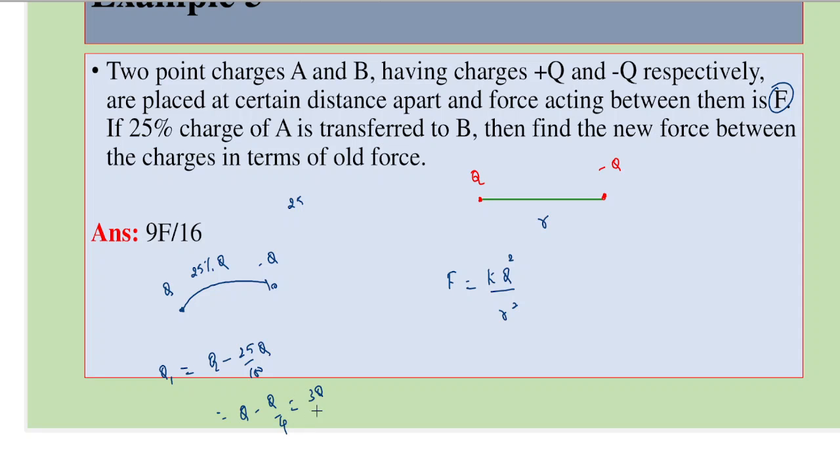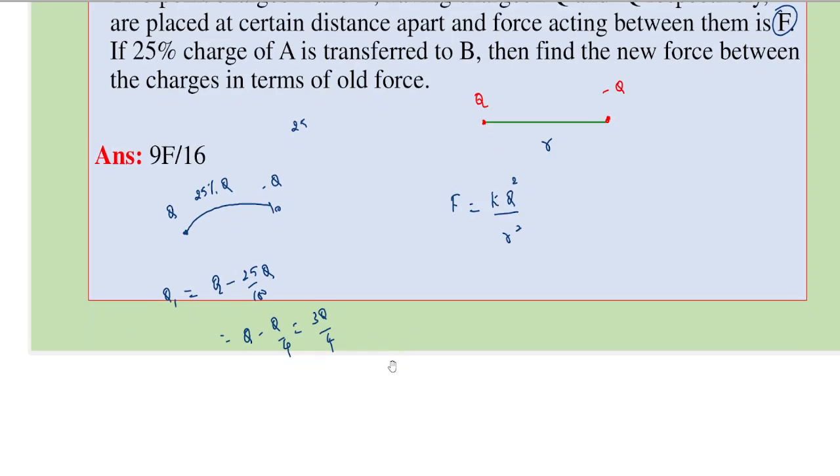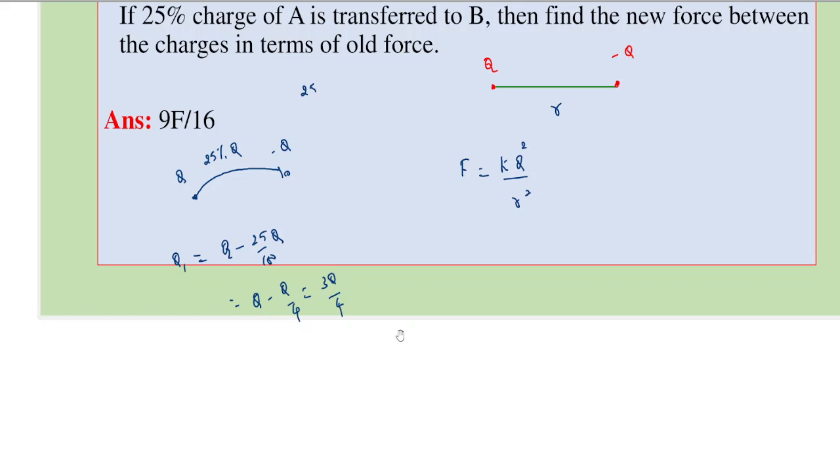That will be 3Q by 4. You can do directly also, because if 25% goes, then what remains would be 3/4 of it, because 25% is 1/4 of it. So if 1/4 goes, then what remains is 3/4. So the new charge, which is Q1, that is 3/4 of Q.